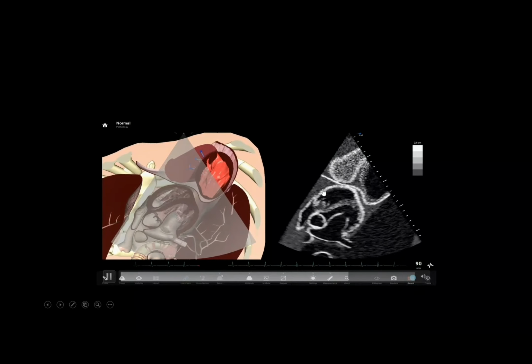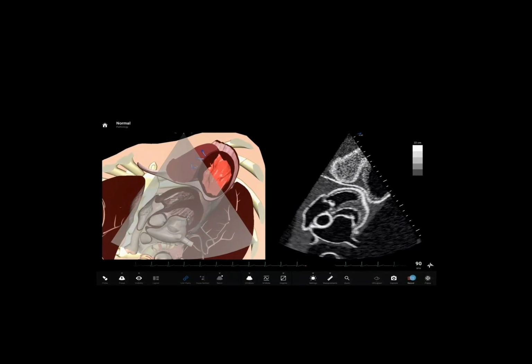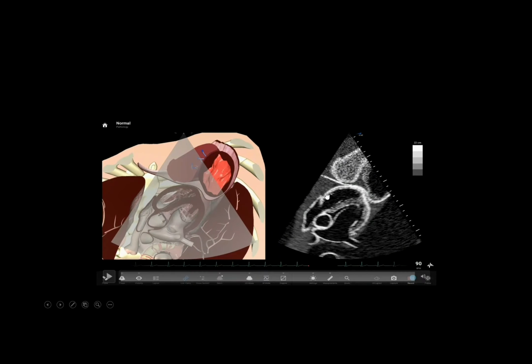This view is best for assessing pericardial effusions, and also a good view to be used in end of life support when CPR is ongoing on a patient. You can use a subcostal view without interrupting your CPR.